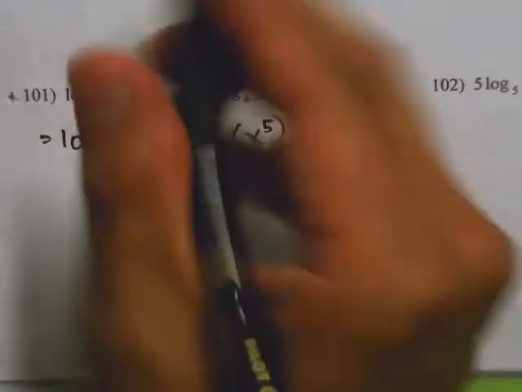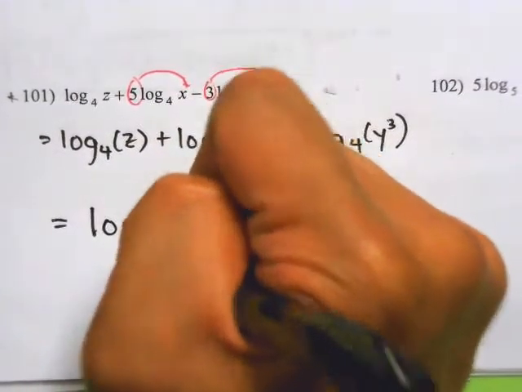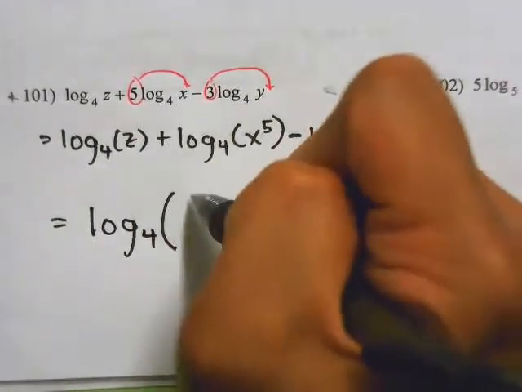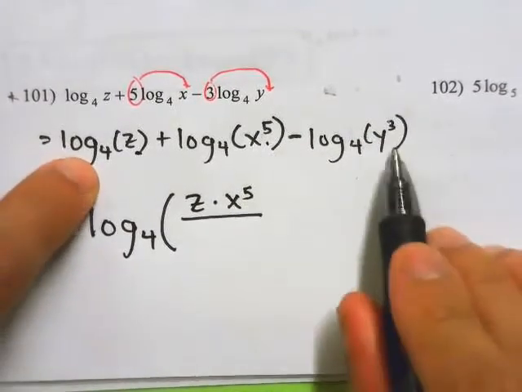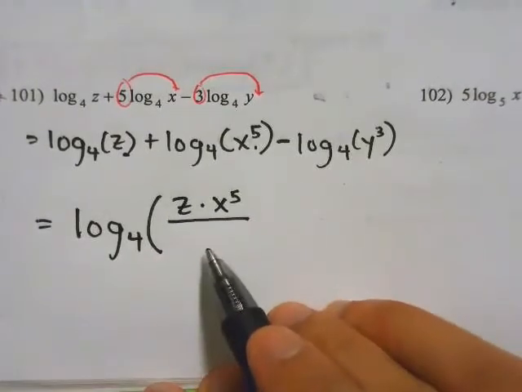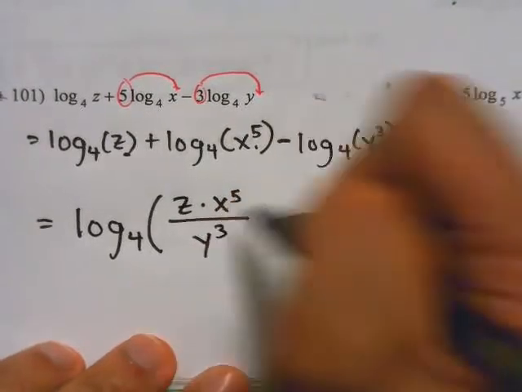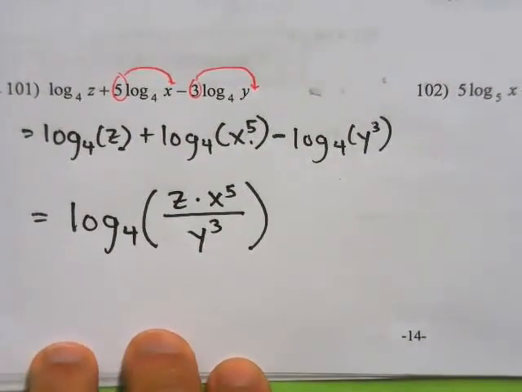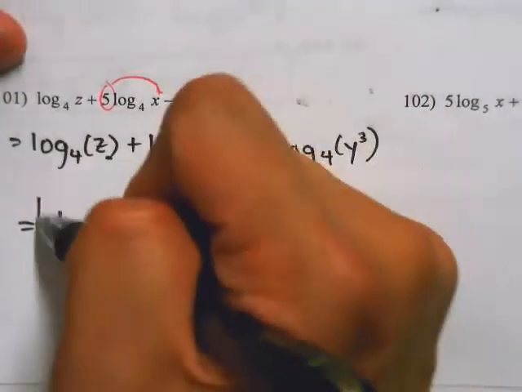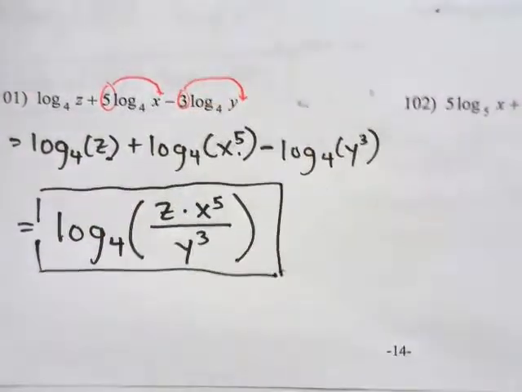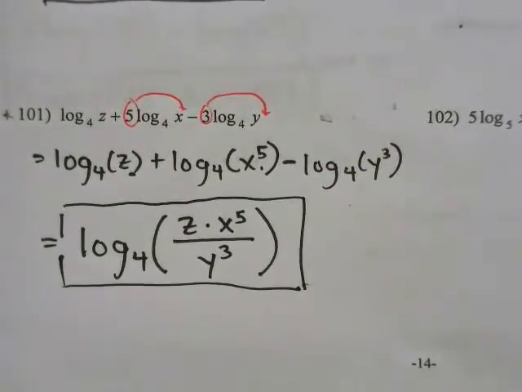They all have the same logs. So this is one way we can write it as one log. So we can go z times x to the 5th, and then the y to the 3rd will be your division, in the bottom of the denominator. This is just going to be one way, so now we've written it as one log. Let's just check, yeah. And then I don't think you need the multiplication sign afterwards, but we'll accept this one. Okay. So that is 101.